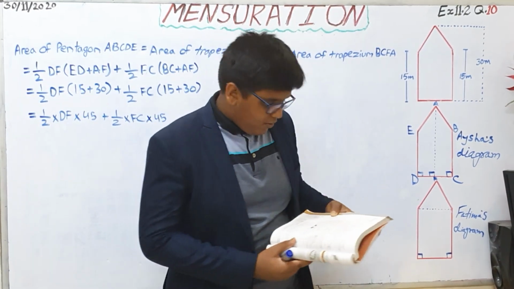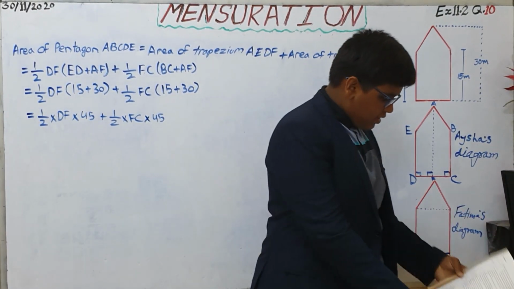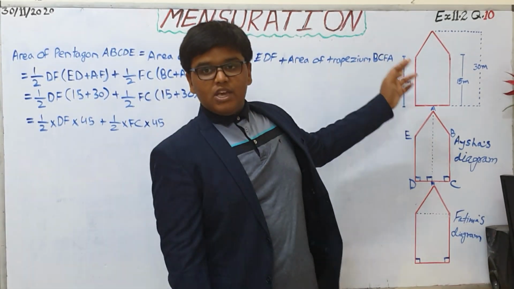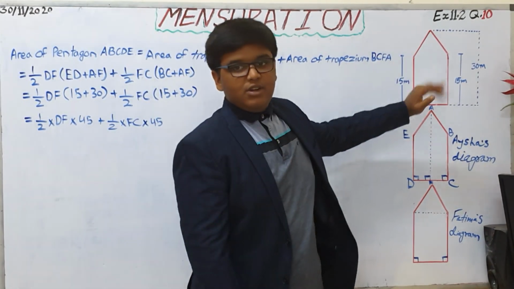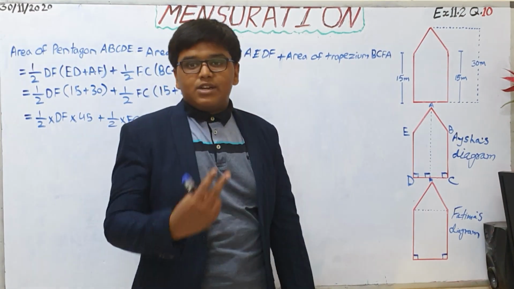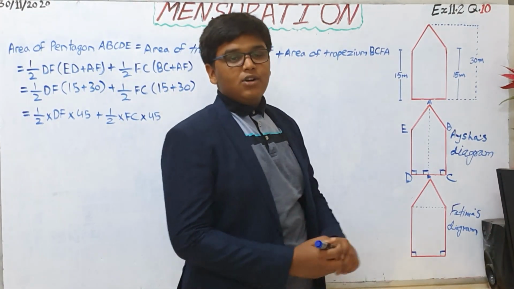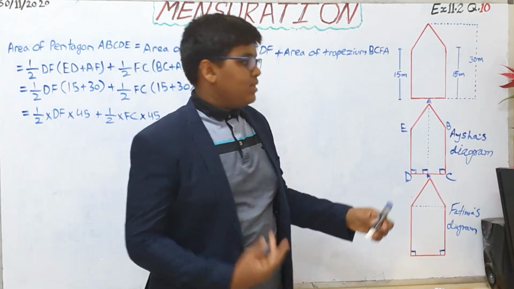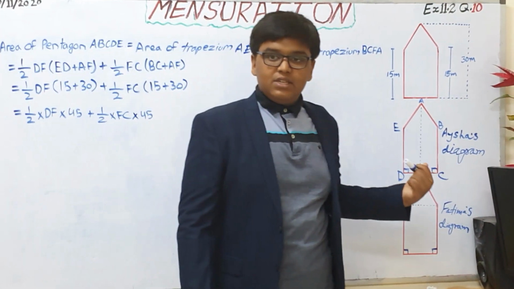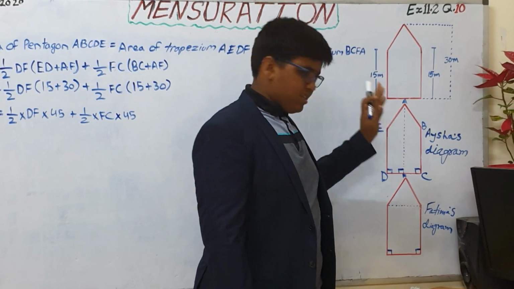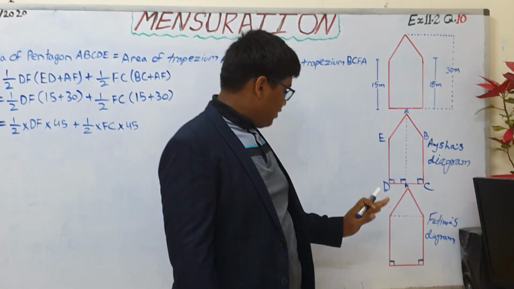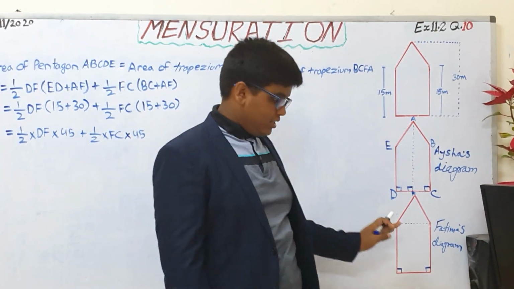Now in the question, what they have given us is a figure. They have given us this type of figure, and there are two characters in it, Aisha and Fatima. Now they are dividing it, taking separate ways. Aisha is taking this shape, and Fatima is taking this way.